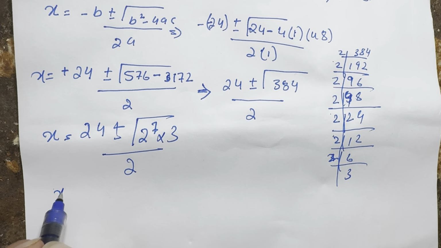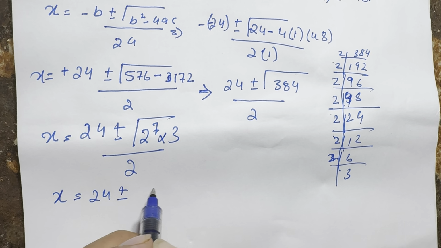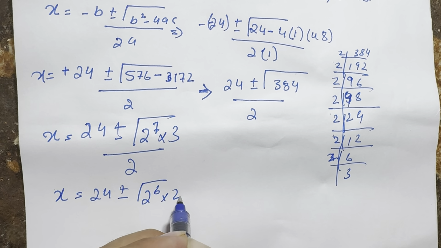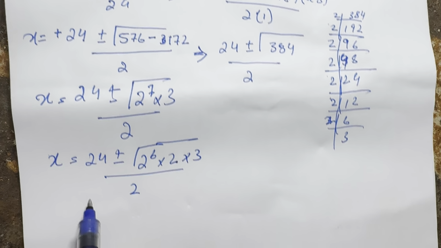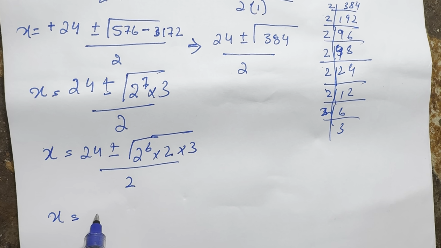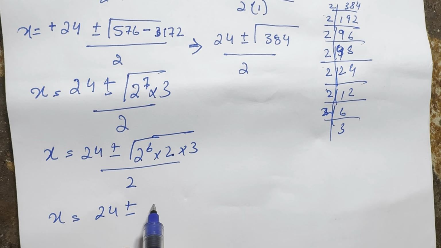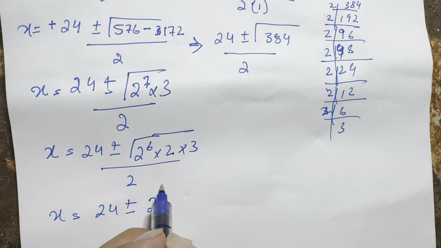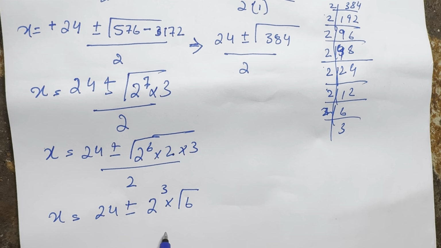So x will become equal to 24 plus minus square root of 2 power 6 multiplied by 2 multiplied by 3, divided by 2. So x will become equal to 24 plus minus, the root of 2 power 6 will become 2 power 3, multiplied by the square root of 6, 2 times 3 is 6, divided by 2.